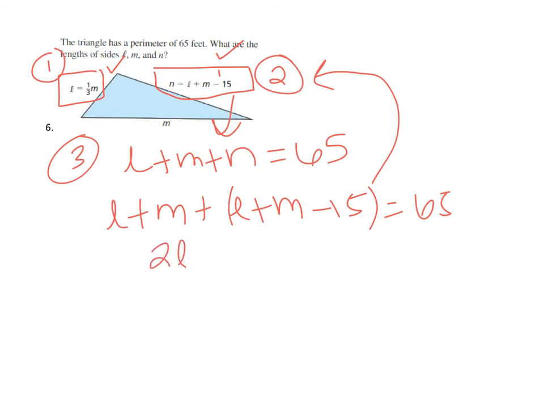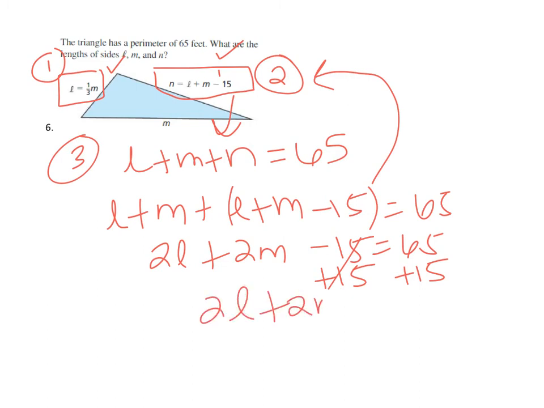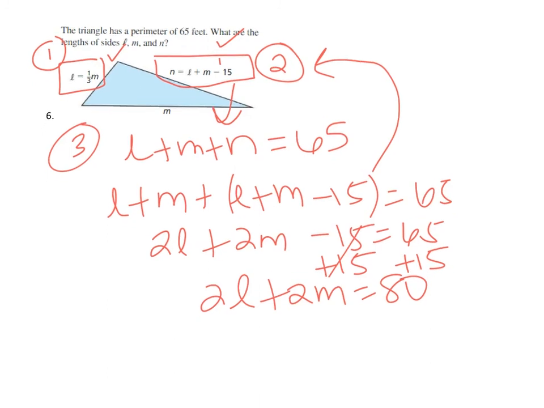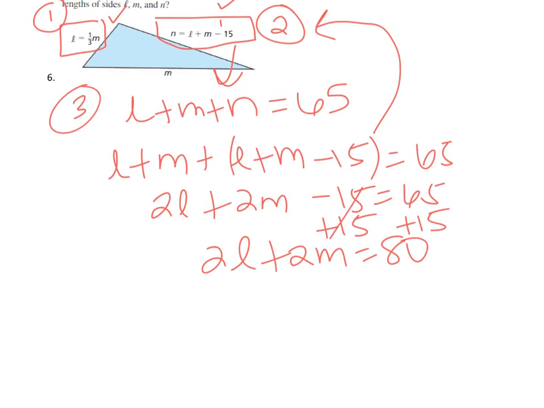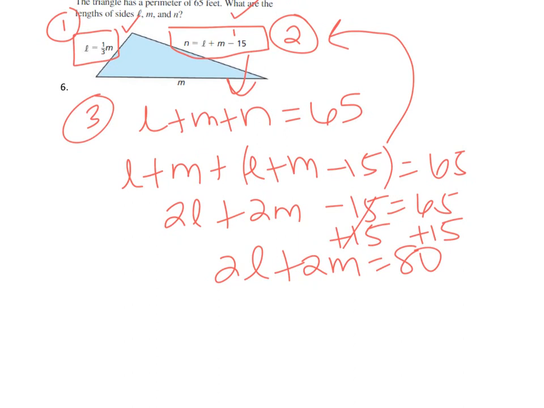I have 2L's plus 2M's minus 15 equals 65. And we're going to add that 15 over so we can get all the constants together. So 2L plus 2M equals 80.